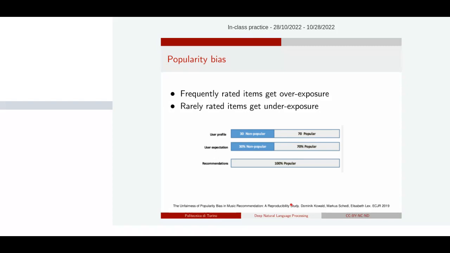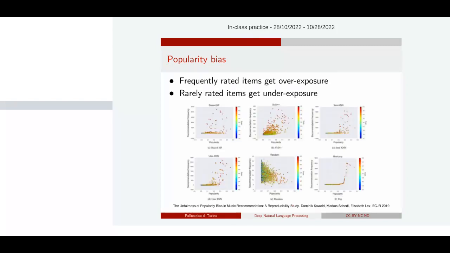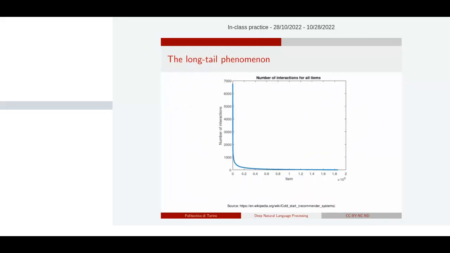Of course, the popularity of the recommended items is very unbalanced. So the distribution is skewed, because you have a few items that are highly popular, and you have many interactions, many user preferences, and many feedbacks.